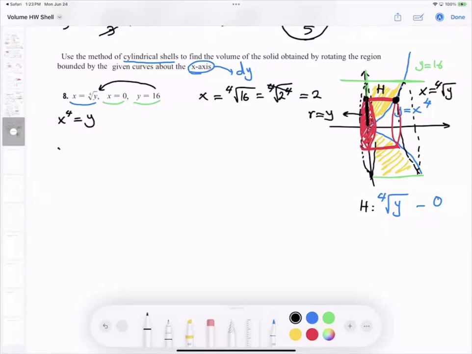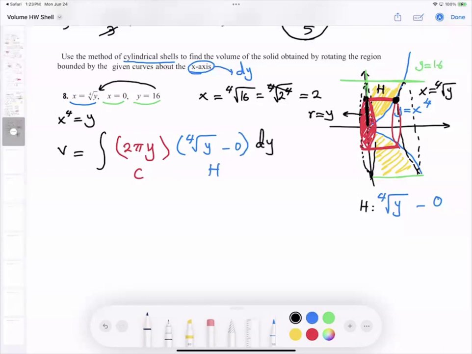So the volume can be calculated using the definite integral of 2 pi times y. The radius is y, so this is the circumference of your cylinder, times the height. Well, the height is obvious. We did the calculation, the fourth root of y minus 0, and this is your height. Then you take the integral with respect to y.